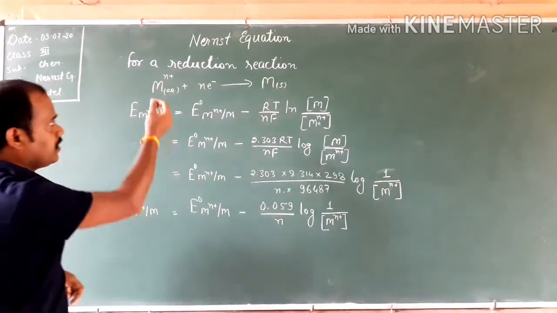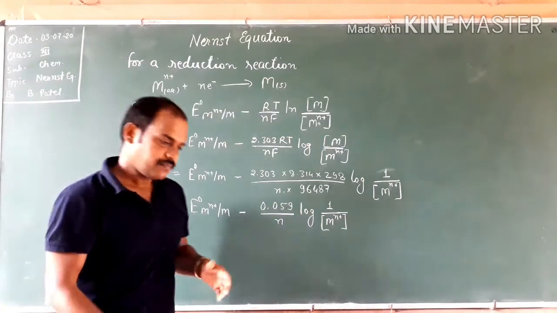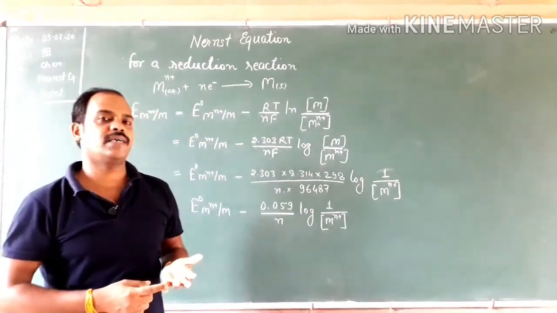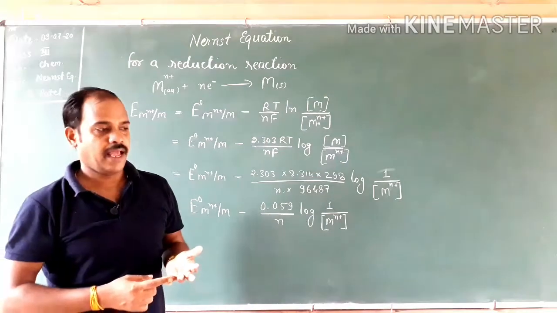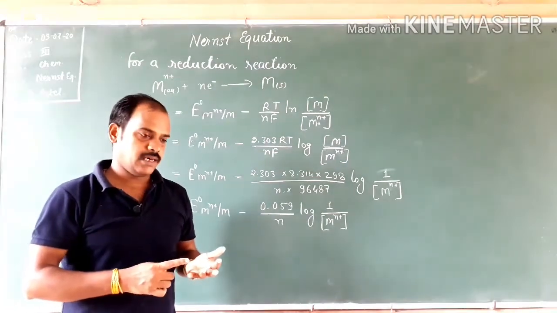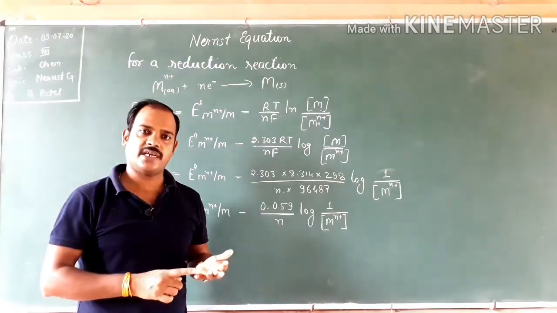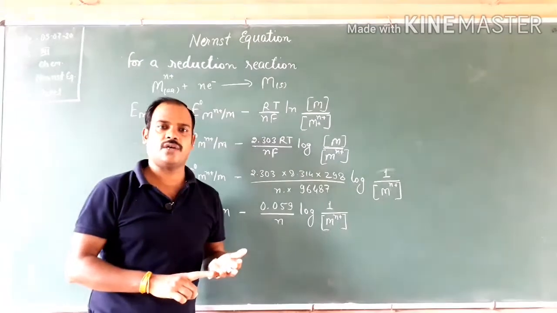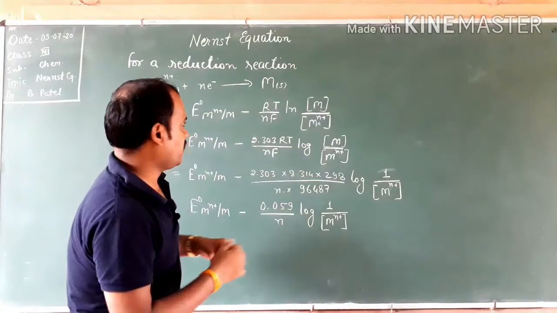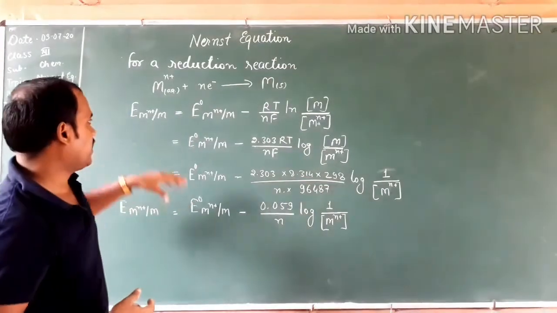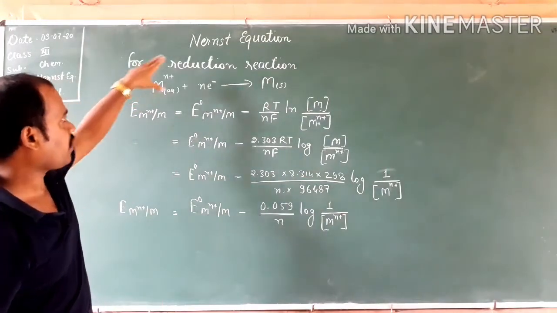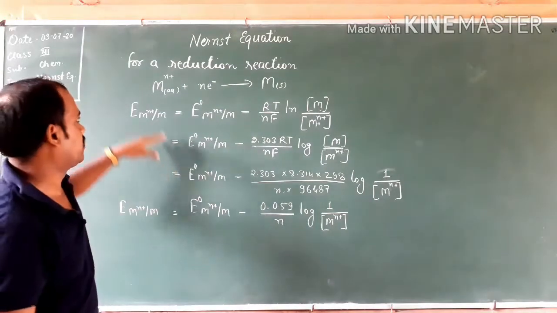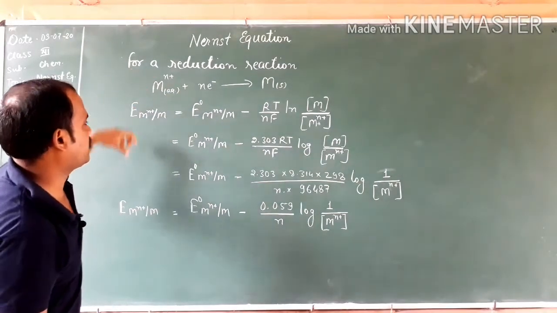So ultimately, what is the Nernst equation? This equation was given by the scientist Nernst, and he studied the effect of temperature and concentration of solution on the electrode potential of a cell. After various experiments, he gave this equation.